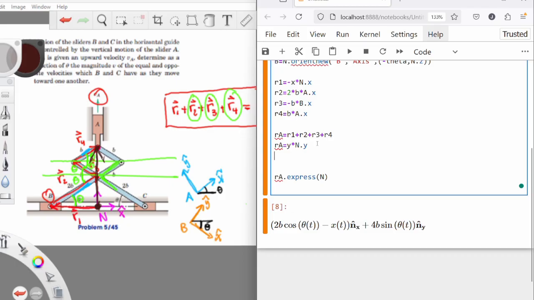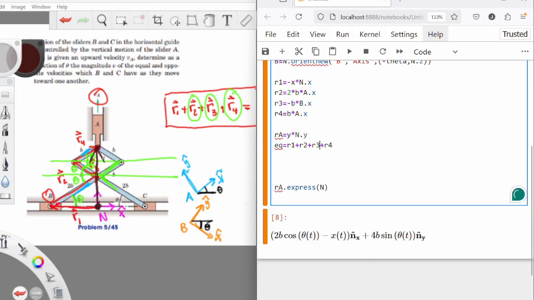We can write an equation where we are making an expression that is equal to 0. In that sense, we change our code to make an equation that takes R1, R2, R3, R4, and our definition of RA as a new expression that must be 0.